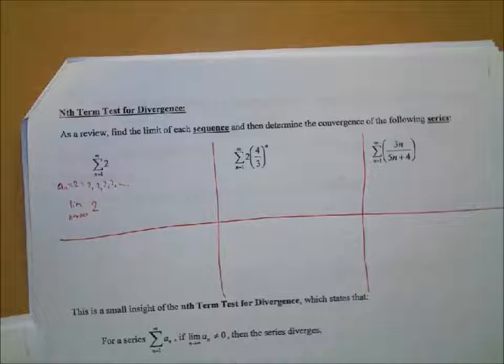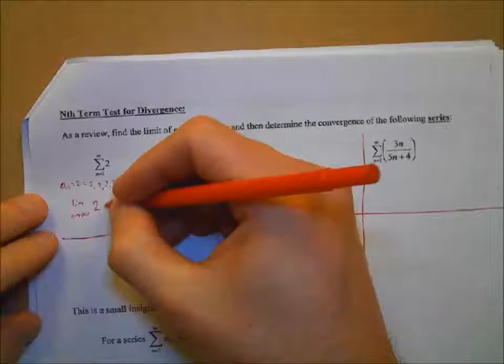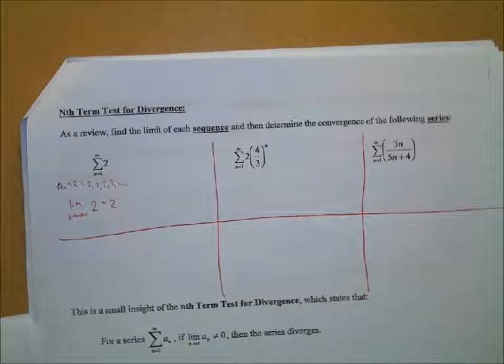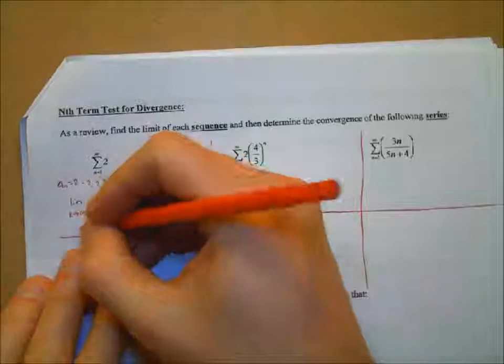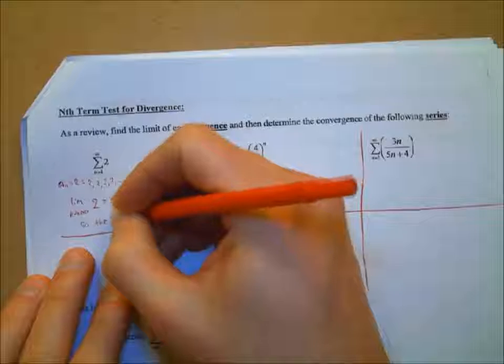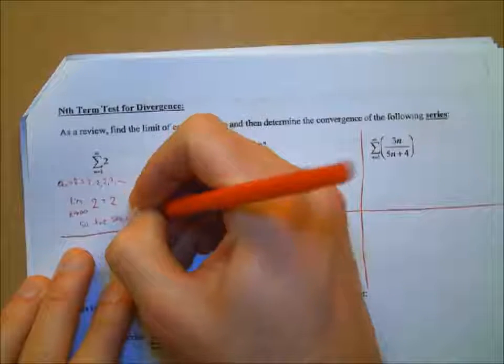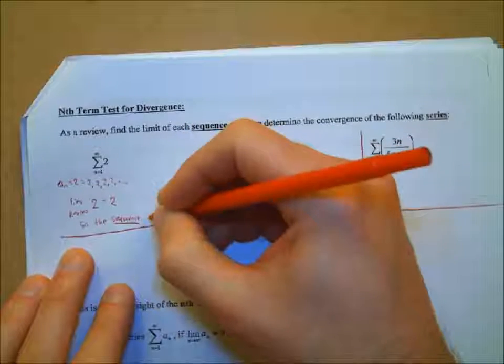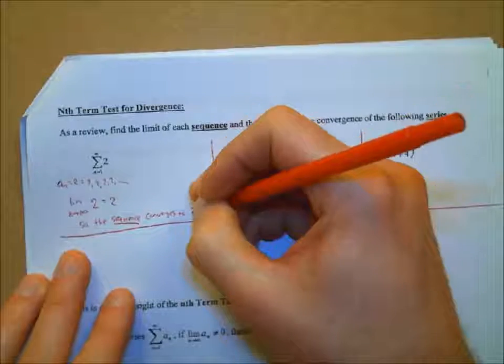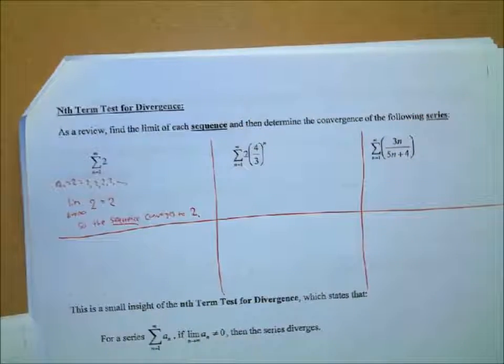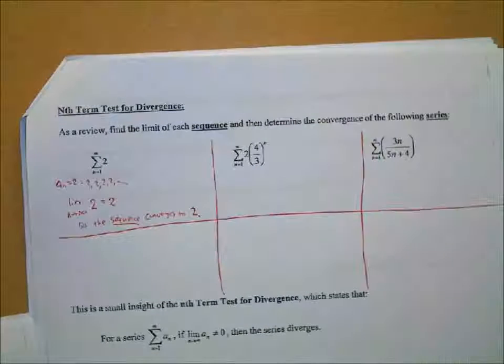What is the limit as n approaches infinity of 2? It's 2. So does the sequence converge or diverge? Converges, right? It goes to a number. So the sequence converges to 2.